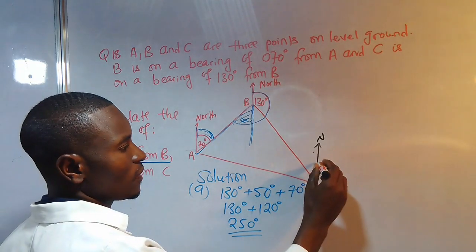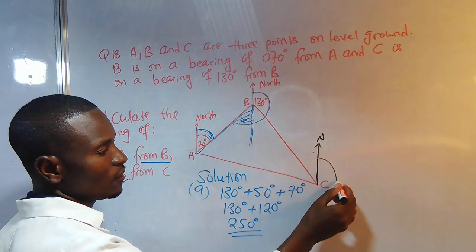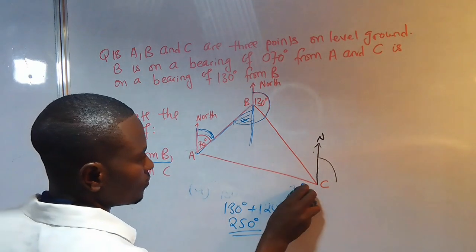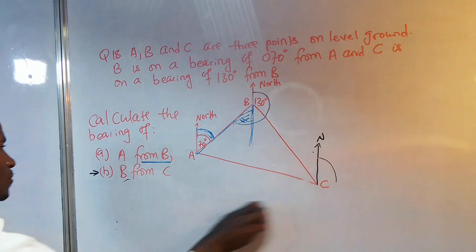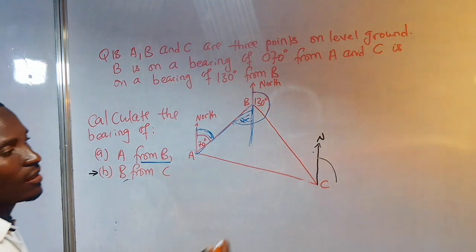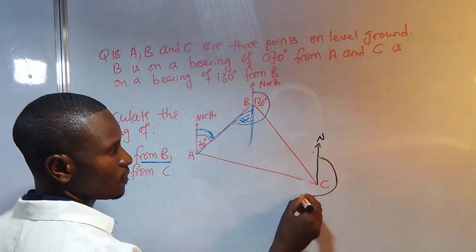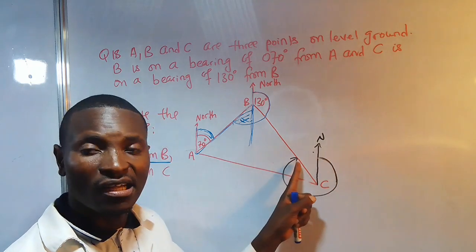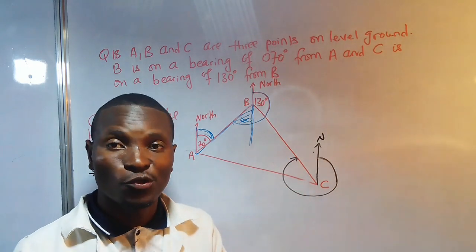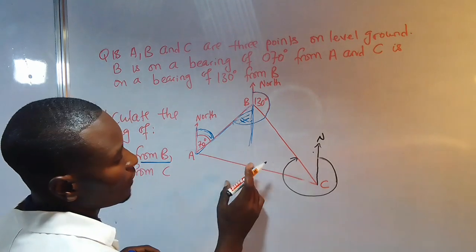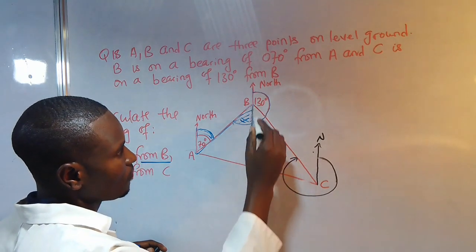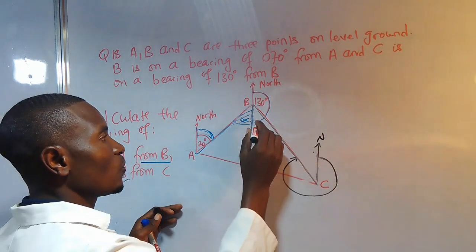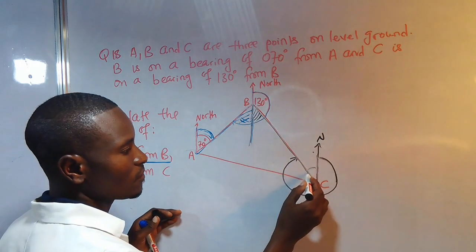So the bearing that you're looking for is simply this: from this starting point C until we touch the line that goes to B. Now this and this make sort of a Z, and whatever angle is there is the same as this one.